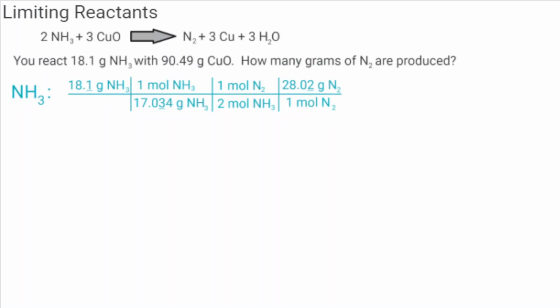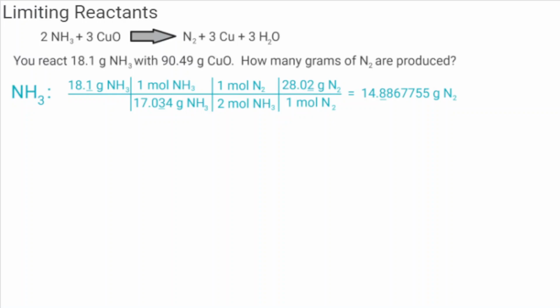So we can multiply the 18.1 grams of ammonia and the 28.02 grams of nitrogen, and then divide by everything on the bottom, the 17.034 grams of ammonia and 2 moles of ammonia. So we multiply everything on top, divide by everything on the bottom, and we should get 14.886775 grams of nitrogen.